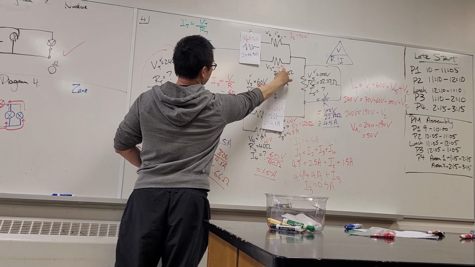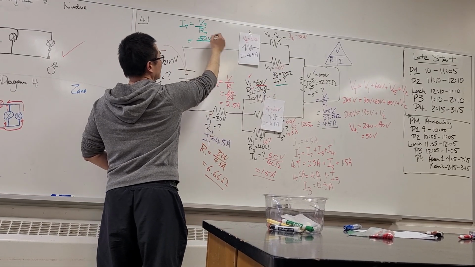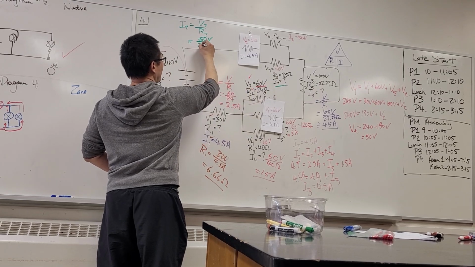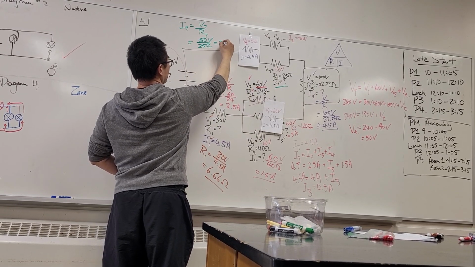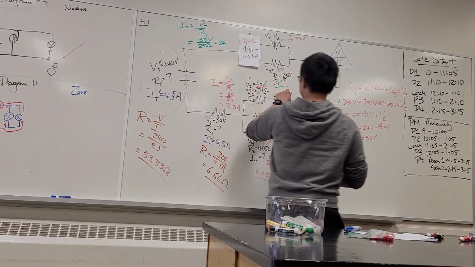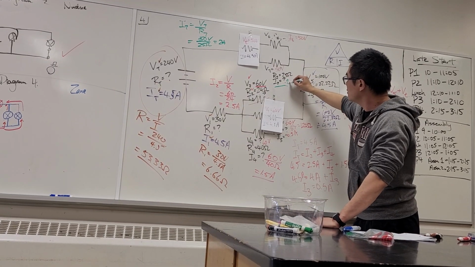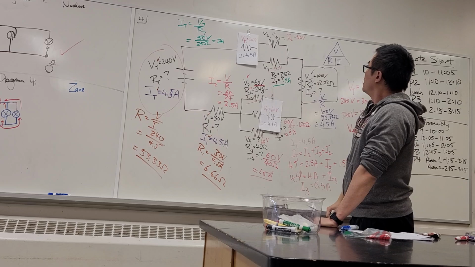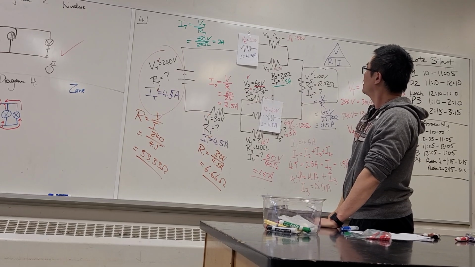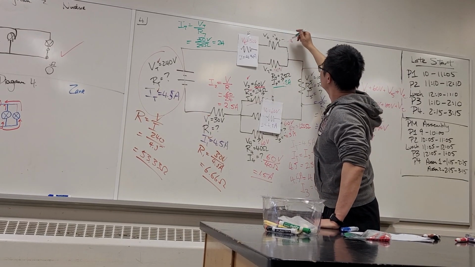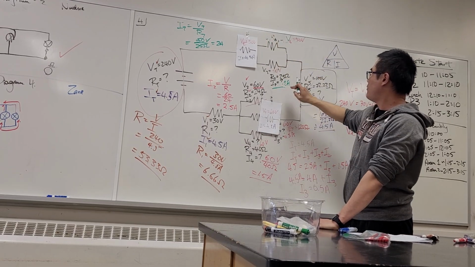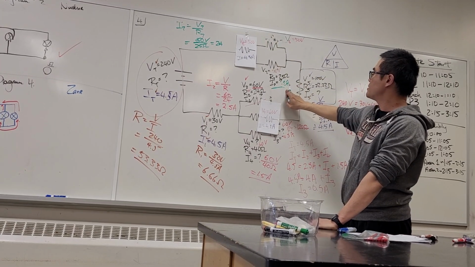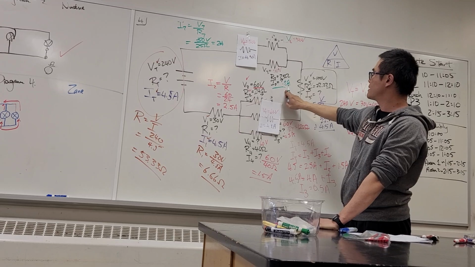So the voltage is 50, resistance is 25 ohms. So the current will just be 2 amps here. So here I7 will be 2 amperes. Wait, this is supposed to be V. Okay, so in this case, now I have 2 amps here. I have the current for 7.